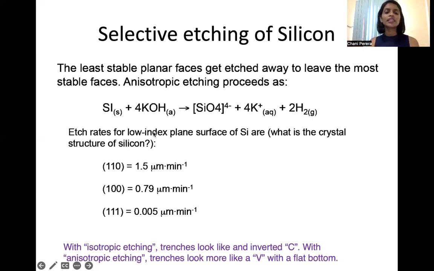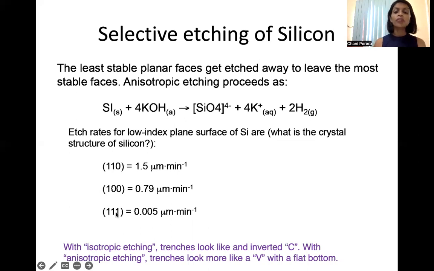The etching rate for low index planar surfaces for silicon, right? For 110, it's 1.5 micrometer per minute. So per minute, that much length is etched away for 110.